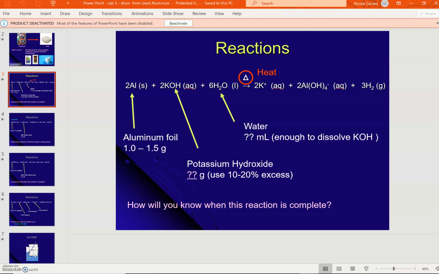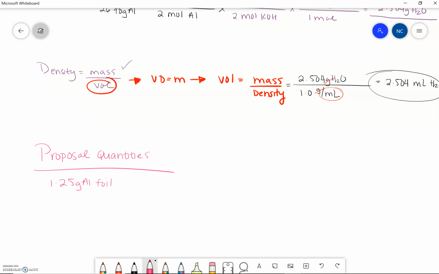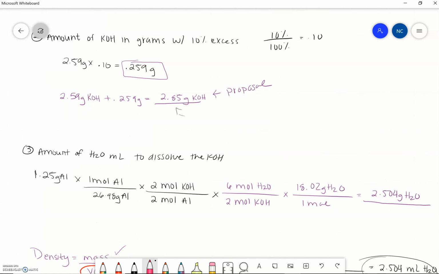The amount of potassium hydroxide in a 10 to 20% excess, which you calculated in question 2, which is 2.85 grams.